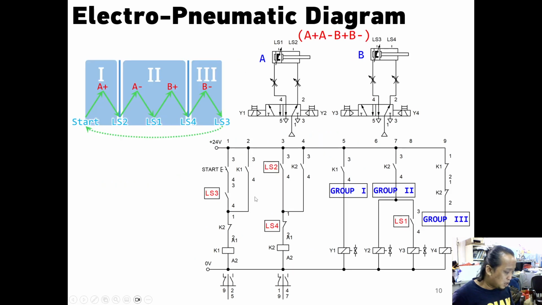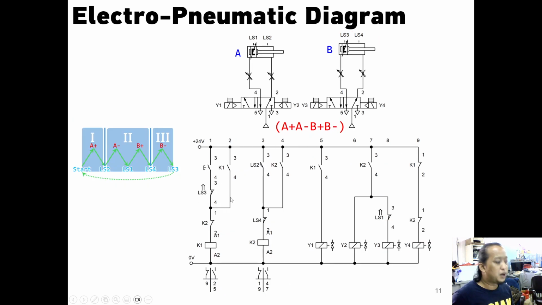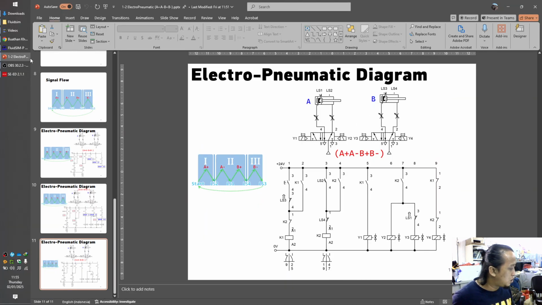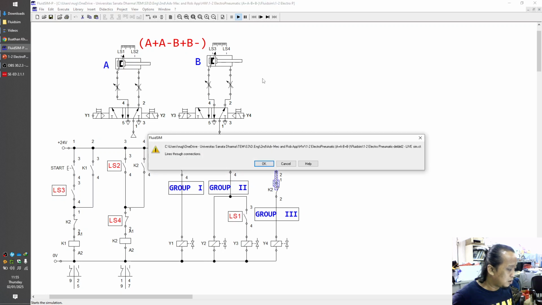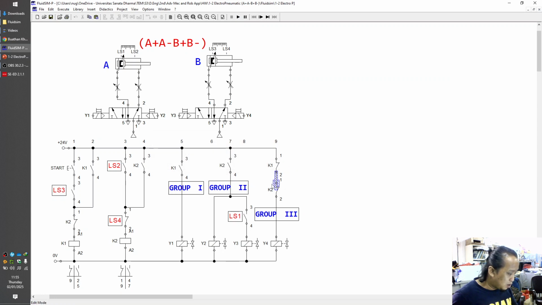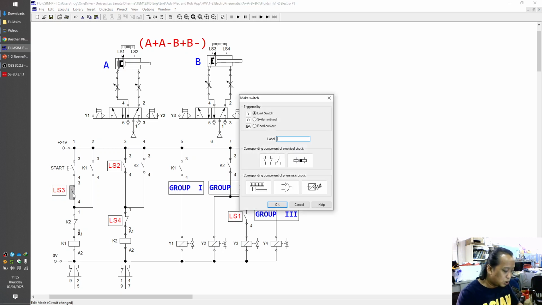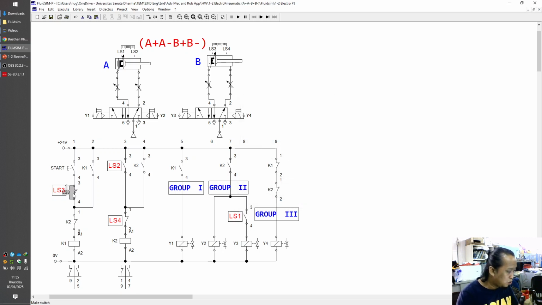We will change the label into the real one. Okay, I will show the simulation using FluidSIM. This is the simulation. There are some errors because this one overlaps, and we haven't changed this one. It will be LS3, so I need to change the label to LS3.